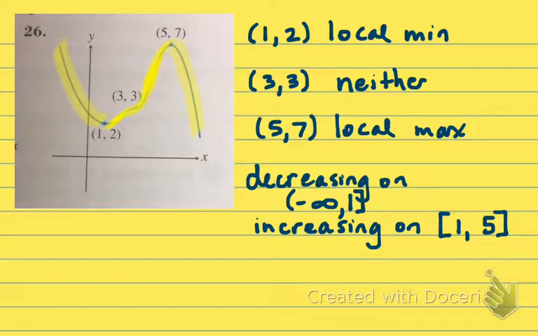And then after that, on the right of 5, we're going to come back and say decreasing on the interval from 5 to infinity. And that's how you describe your increasing, decreasing intervals.